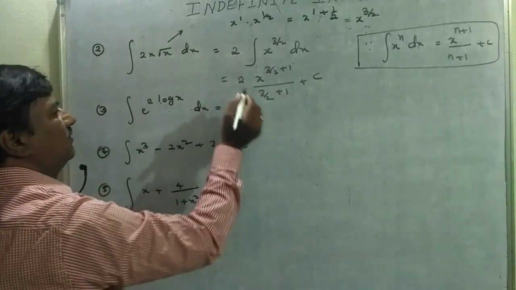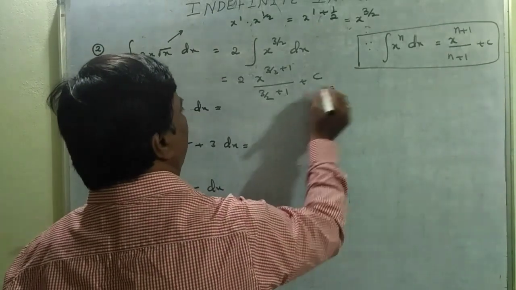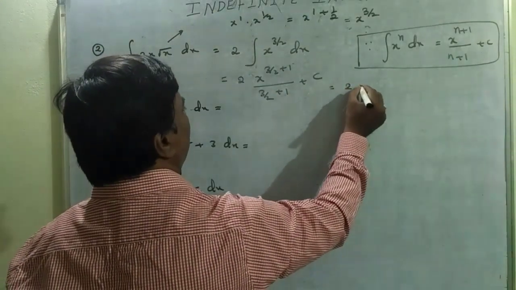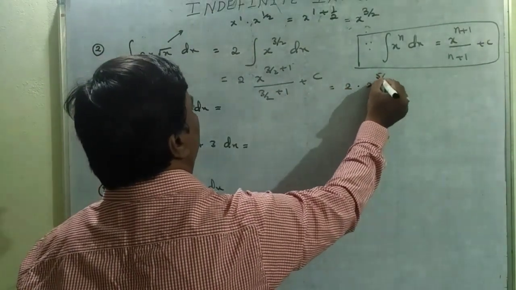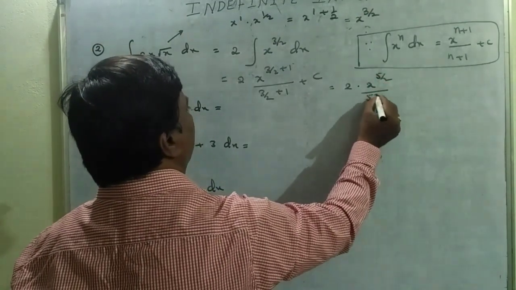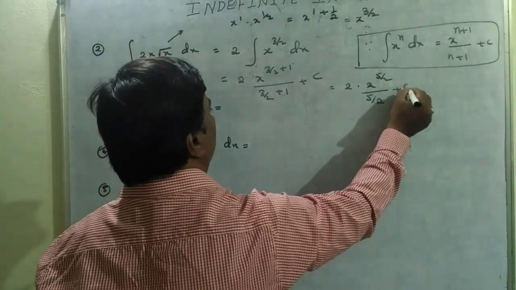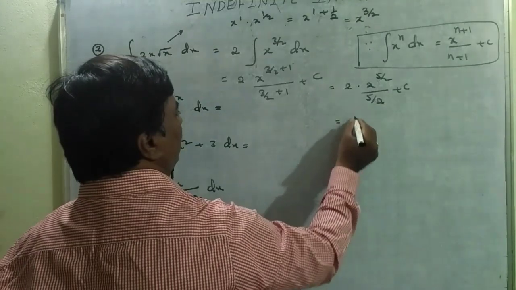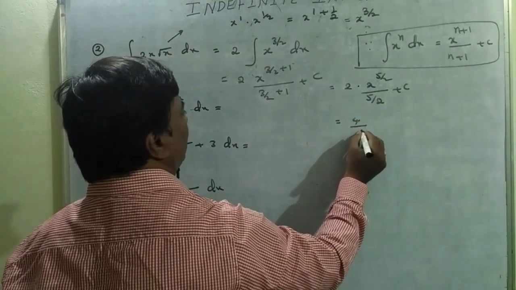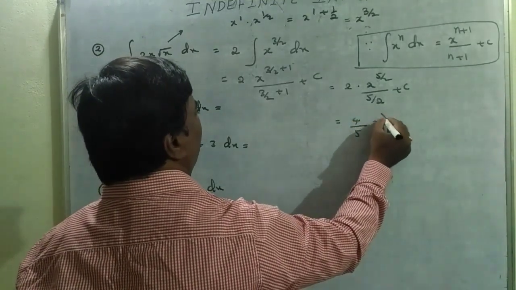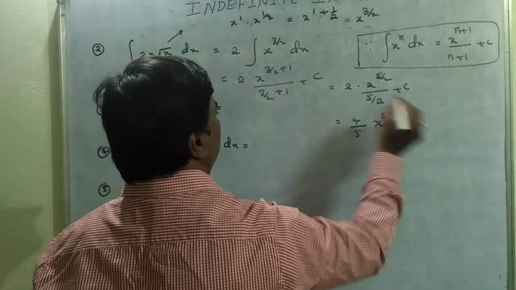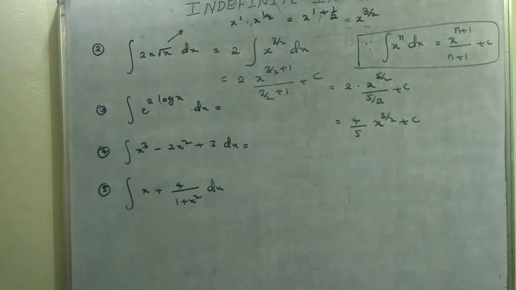Using the formula and taking LCM, we get 2 into x to the power of 5 by 2 divided by 5 by 2, plus c. That is equal to 4 by 5 into x to the power of 5 by 2, plus c.